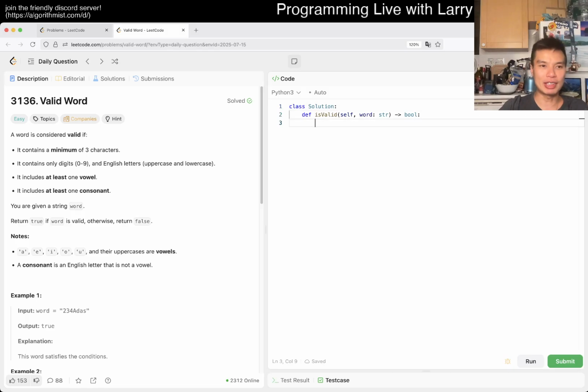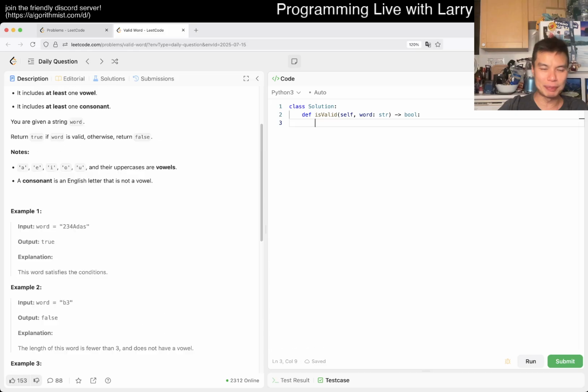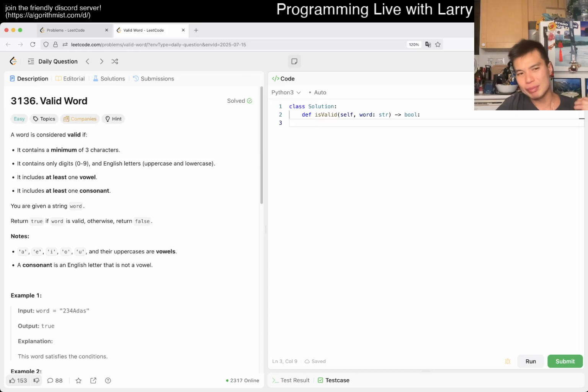Okay, we have 3136, Valid Word. A word is valid. Okay, so it just seems like this is a rules-based problem, and the way you may think about it in regular software engineering terms is having a list of rules, like rule patterns. You could maybe even use algorithm patterns, depending on how you want to do it.